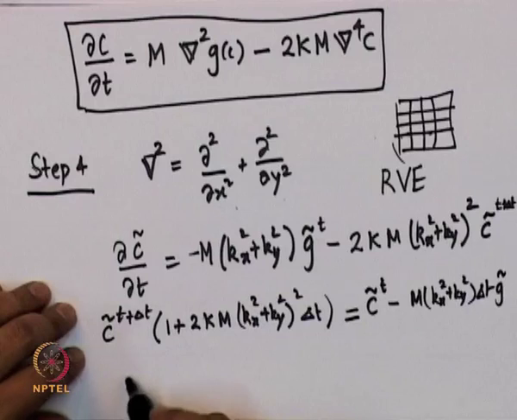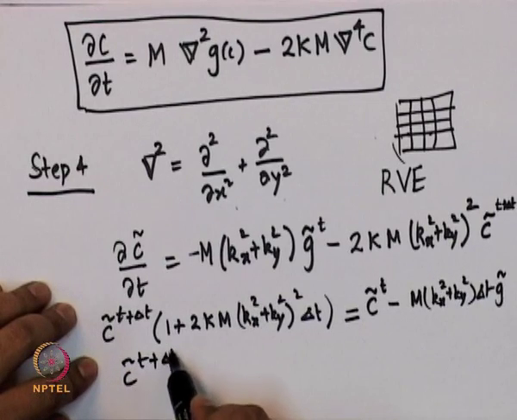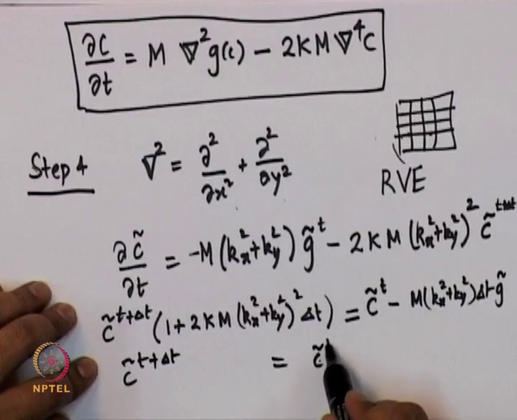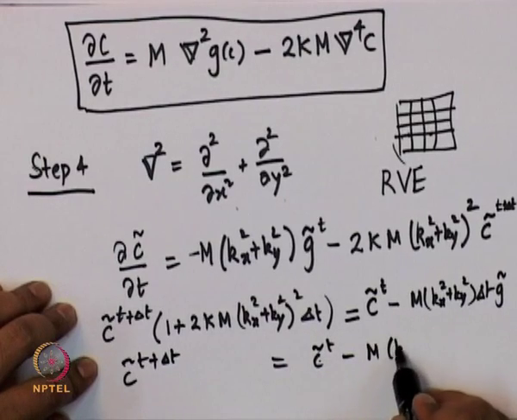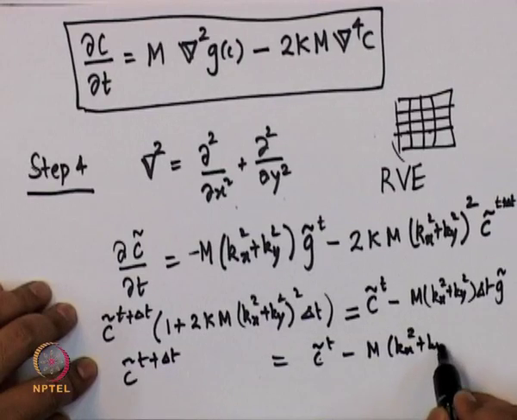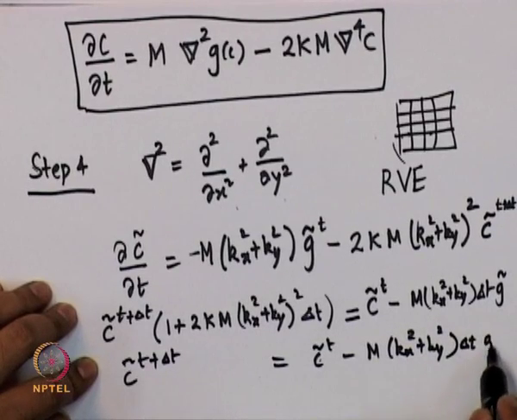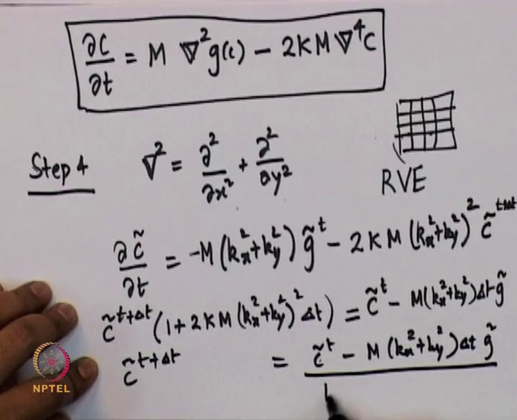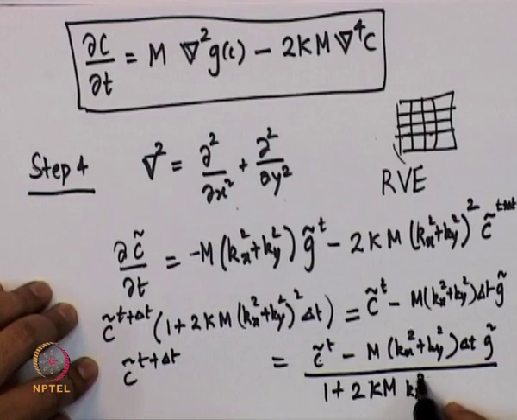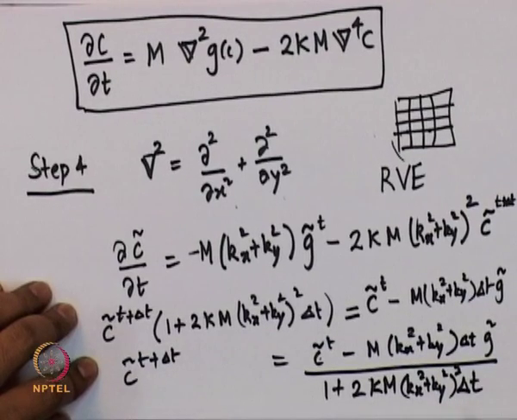So, C̃ at t plus delta t is going to be C̃ at t minus m (kx squared plus ky squared) delta t g̃, divided by 1 plus 2 kappa m (kx squared plus ky squared) whole squared delta t.